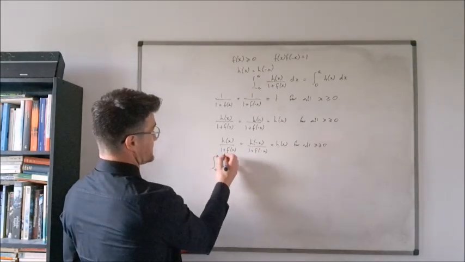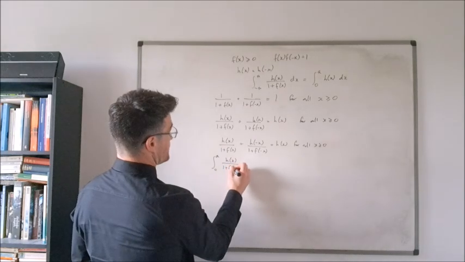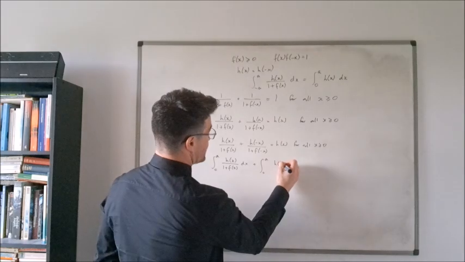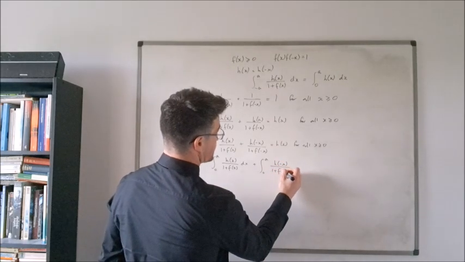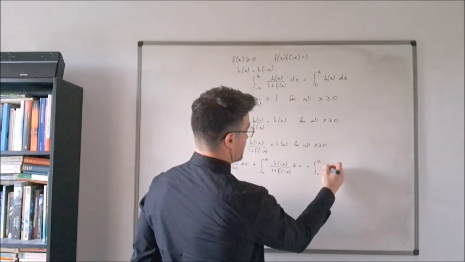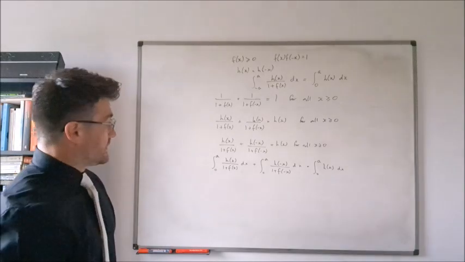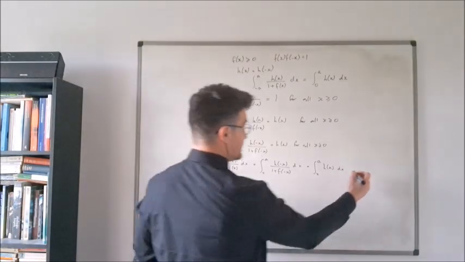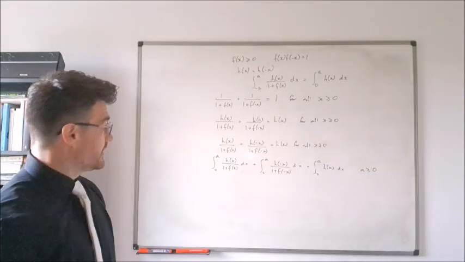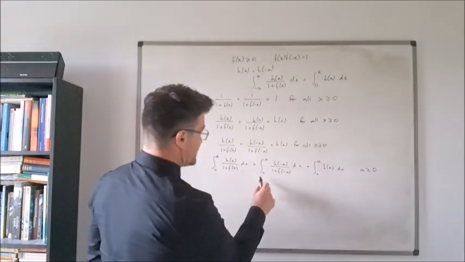So I get the integral from 0 to a of h of x over 1 plus f of x dx plus the integral from 0 to a of h of minus x over 1 plus f of minus x equals the integral from 0 to a of h of x dx, where a is greater than or equal to 0.